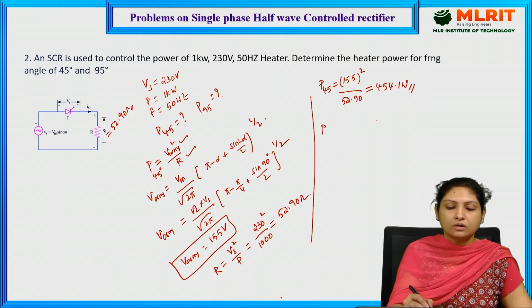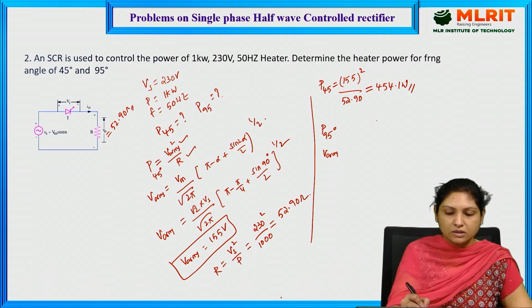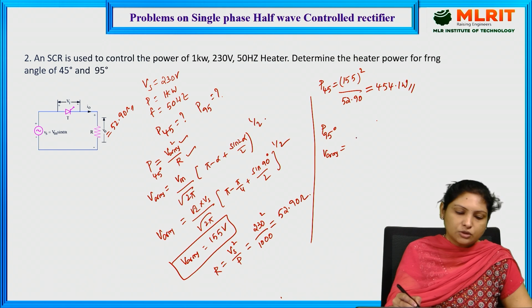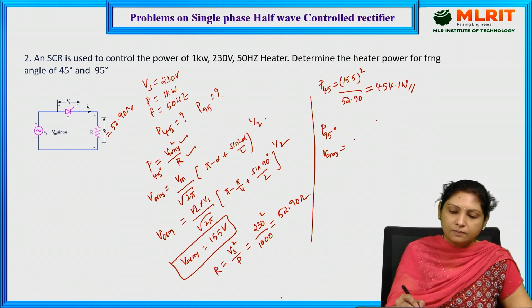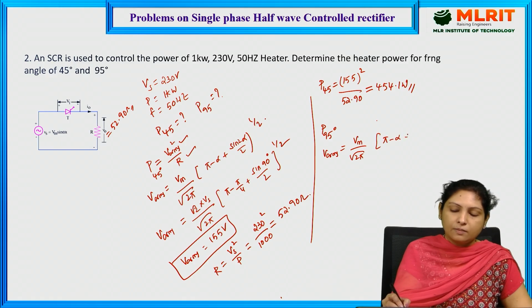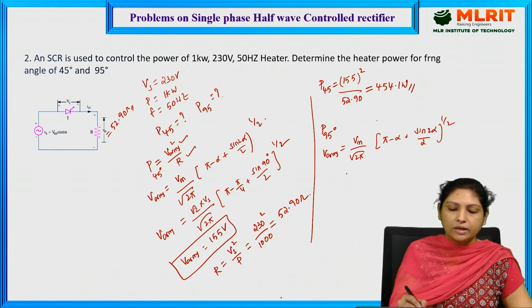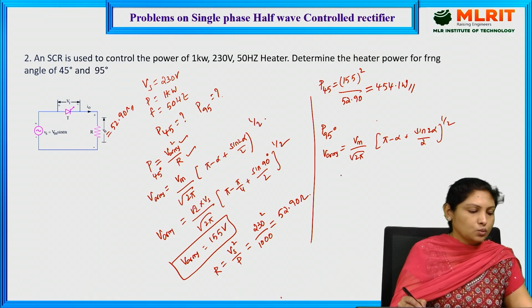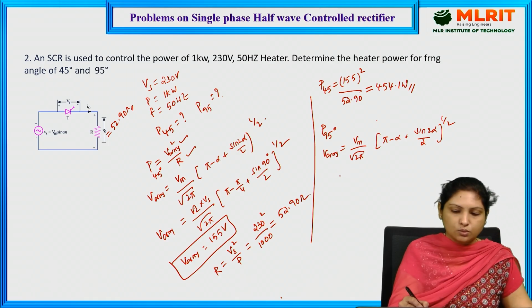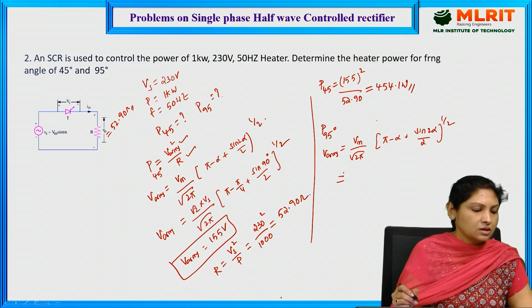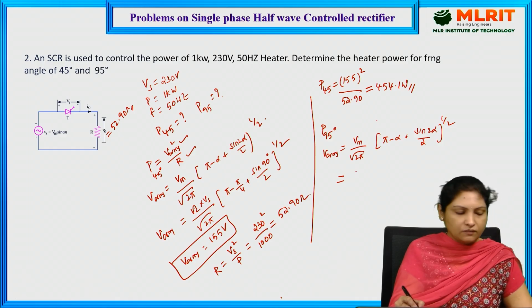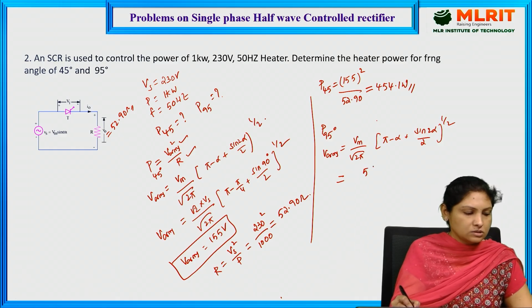Similarly, we need to find out the power at 95 degrees, for which we need to find out the V0 RMS. If we substitute the V0 RMS here in the formula, that is Vm by root 2 pi into (pi minus alpha plus sine 2 alpha by 2) whole to the power of 1 by 2, we get V0 RMS for 95 degrees as 115 volts.